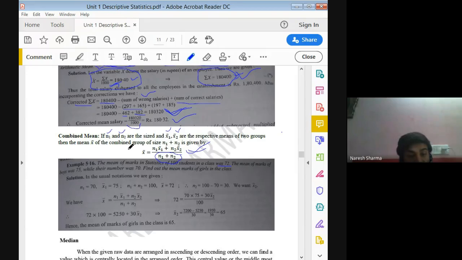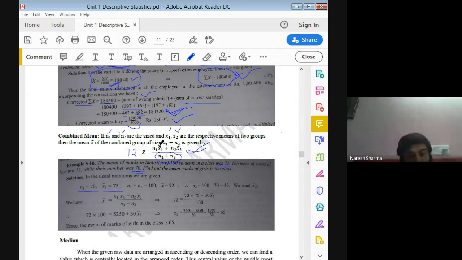So on the left hand side of this formula, we write 72. The mean of the marks of boys was 75. So the mean of boys we assume as x1, and the number of boys is 70. So we assume n1, number of boys, is 70.